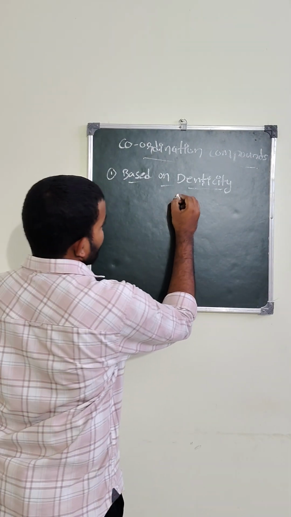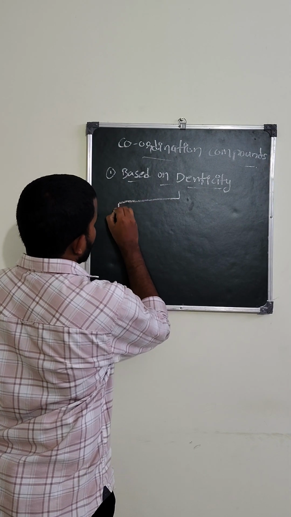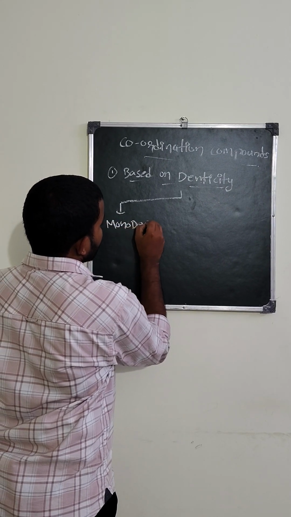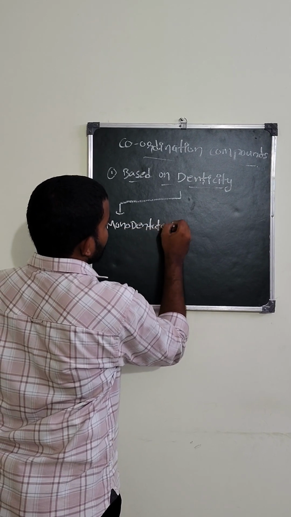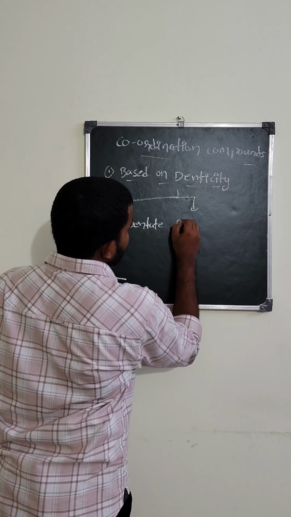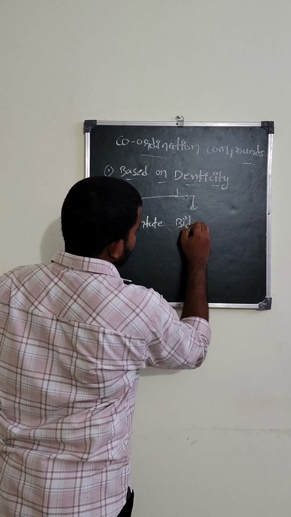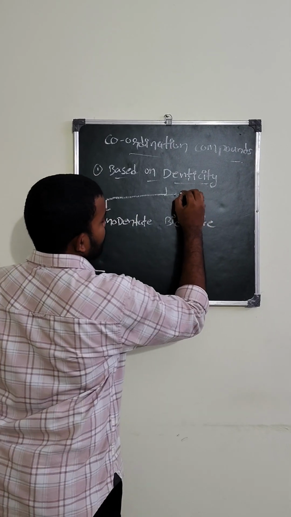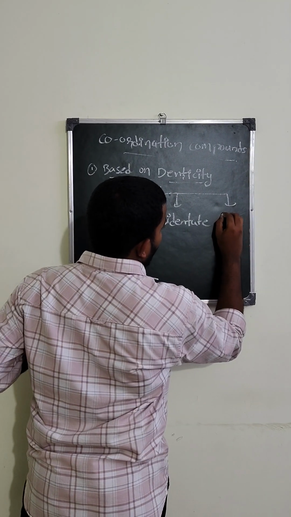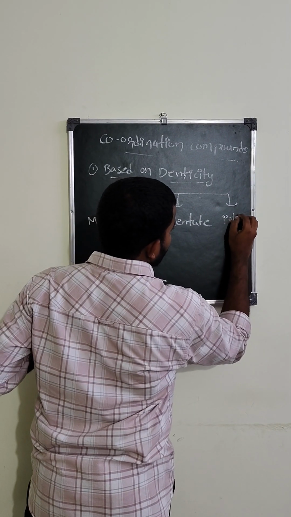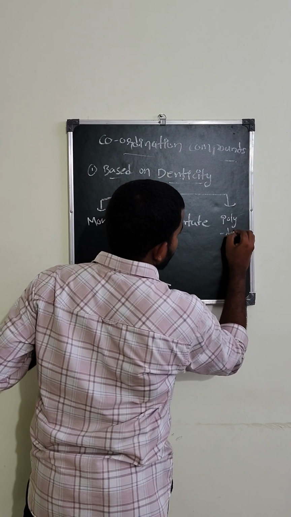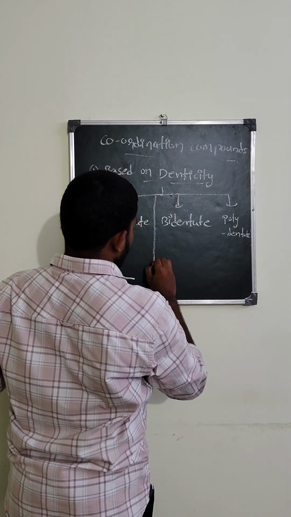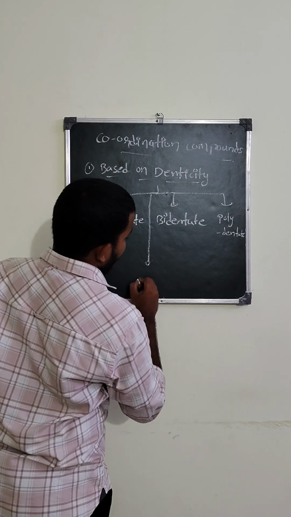It is subdivided into: the first one is monodentate ligand, second one is bidentate, third one is polydentate, and another one is ambidentate.